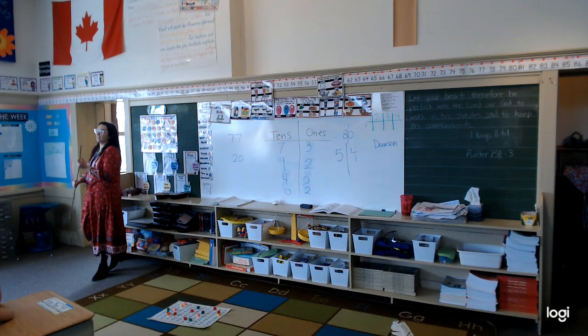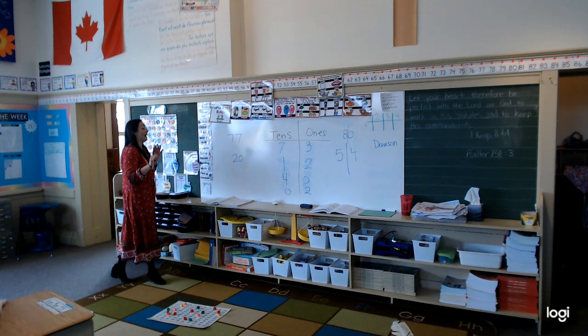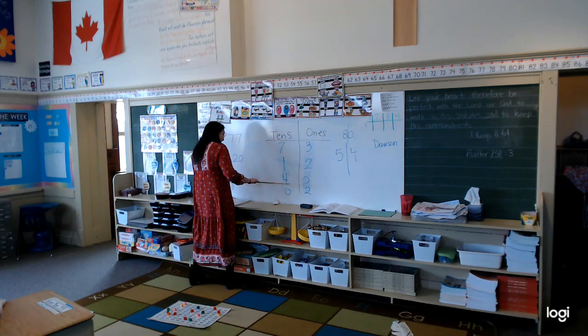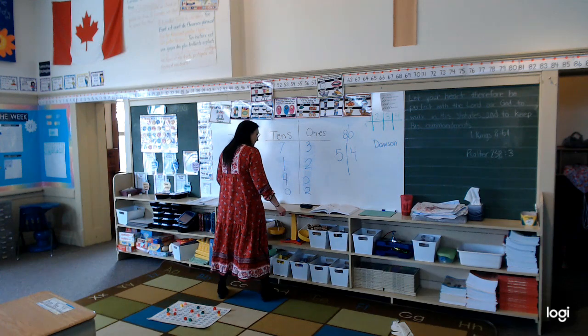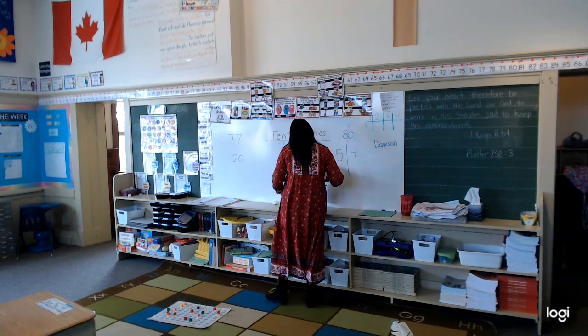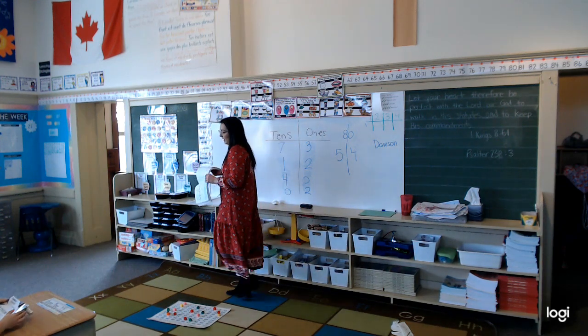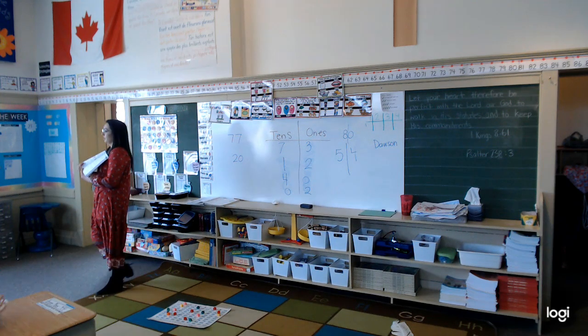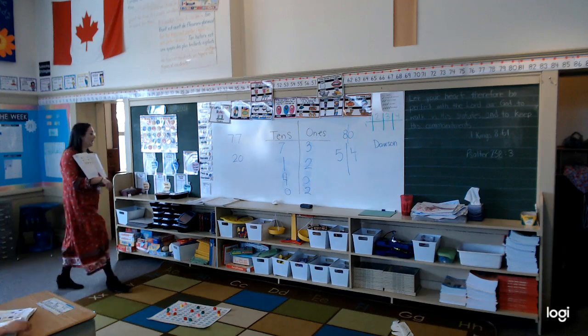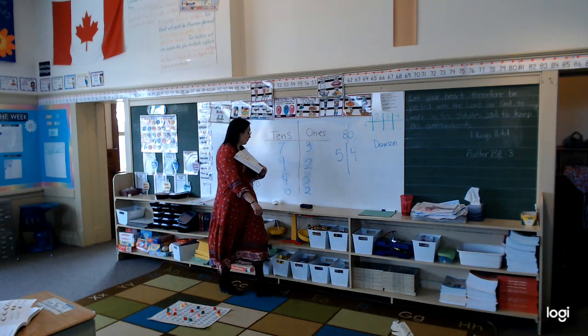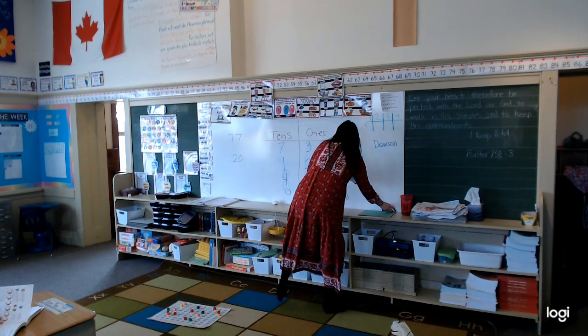So I want you to open your math books now. Everybody should have their book open to page 205 to 206. Sorry, I didn't tell you the page numbers ahead of time.